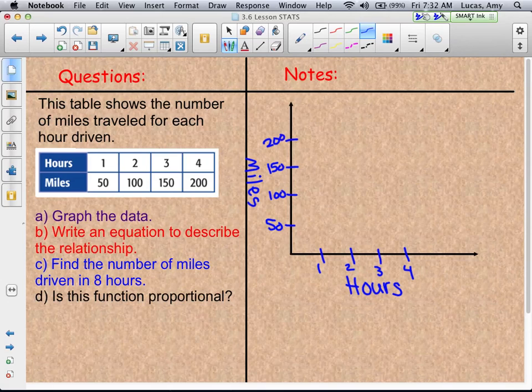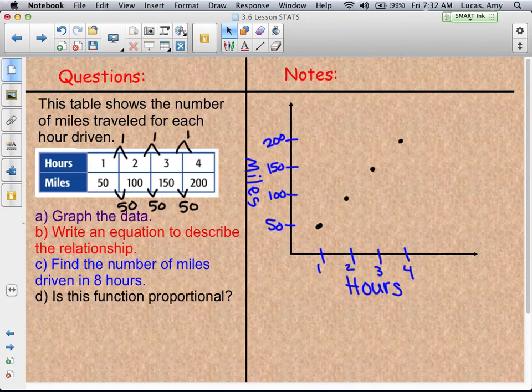Okay, you may notice just by looking at this table that for each hour that's driven, for each 1 hour, the number of miles is increasing 50.